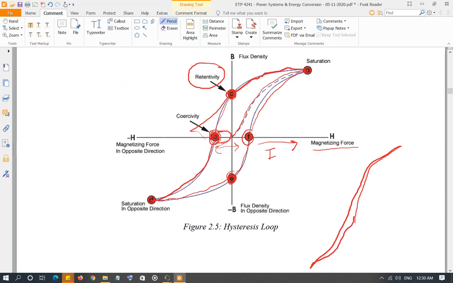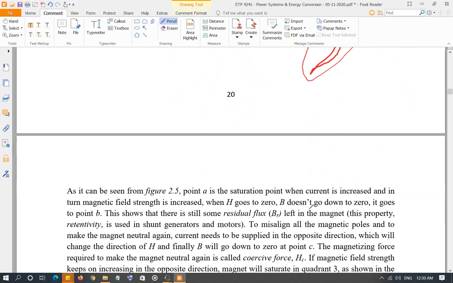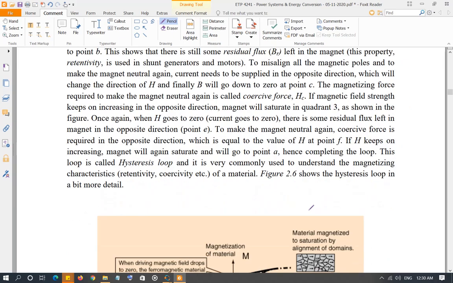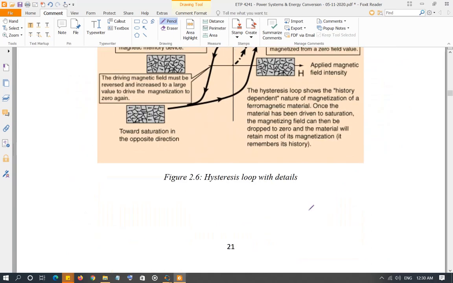The narrower the curve, the less energy is required to misalign all the poles, and your loss is going to be very small. So instead of using a material which produces a wider hysteresis curve, we use a material that produces a narrower hysteresis loop, and that results in less energy loss, less heating of the core, and less hysteresis loss.